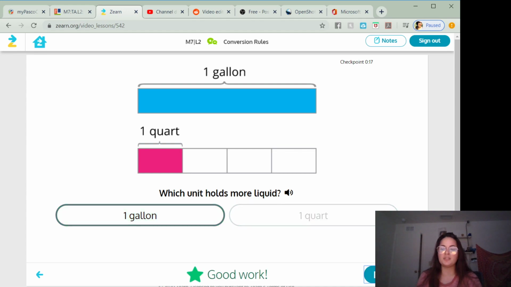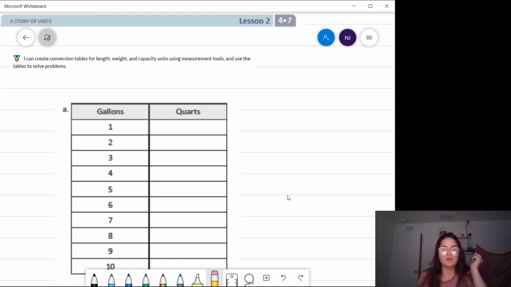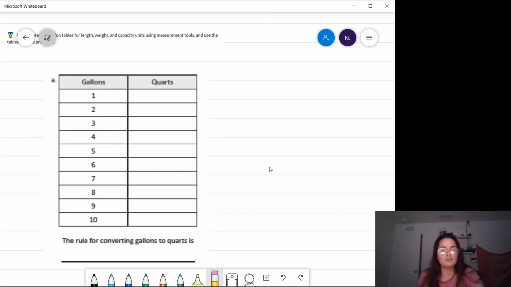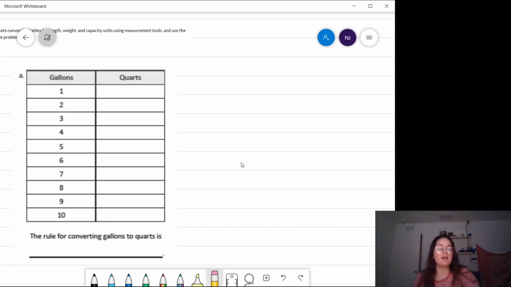All right, so let's go over to our chart and we can start filling that out. According to the video and what we investigated, we learned that there are 4 quarts in 1 gallon.